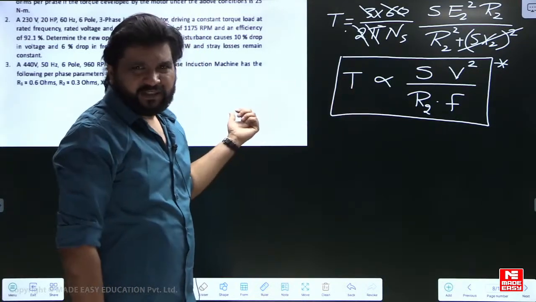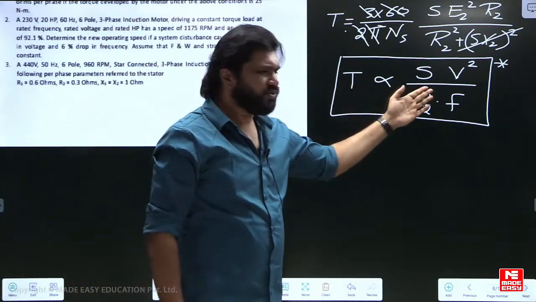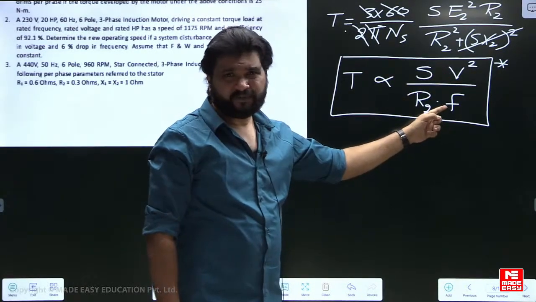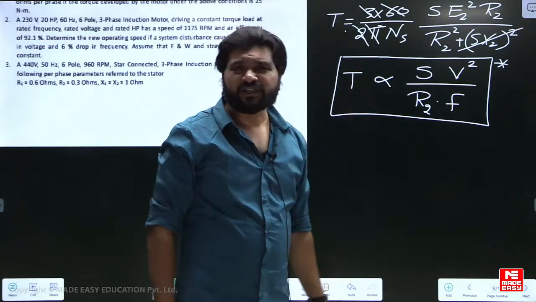According to this question, there is no need to check R2 because the resistance is not changing, but V is changing, F is changing, right? And torque is also constant, given in the question.